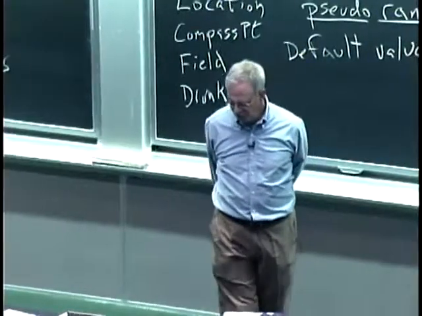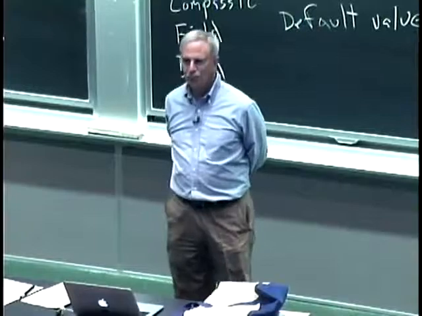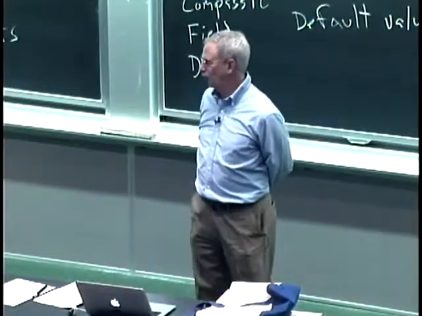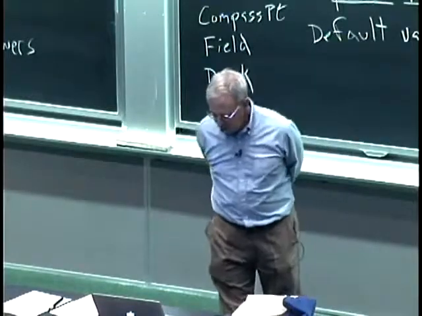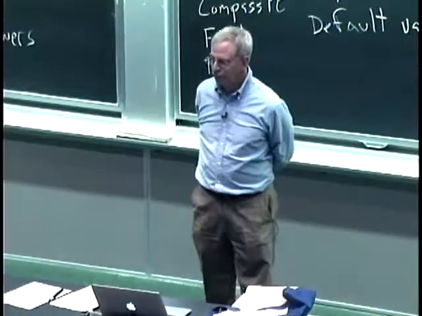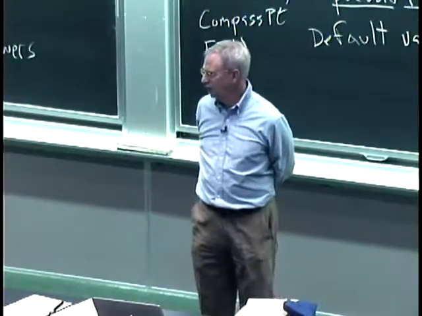So you can see by my having encapsulated the possibles array in compass point, I don't have to worry in drunk about how many possible directions this person could head off in. And then it calls field.move with the resultant point, and in this case, 1.